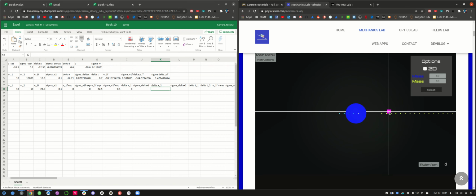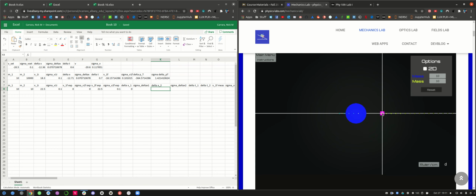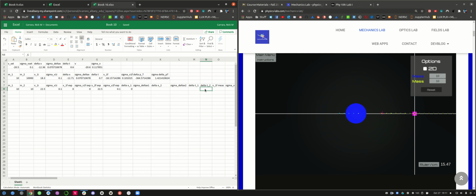But for the second one, I can pick this dot, maybe this one. 1, 2, 3, 4, 5, 6, 7. So D2 is going to be 0.7, and the delta X is 15.47. And again, this is that square root of 2 times 0.05.